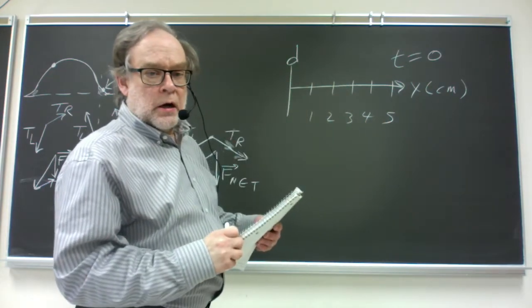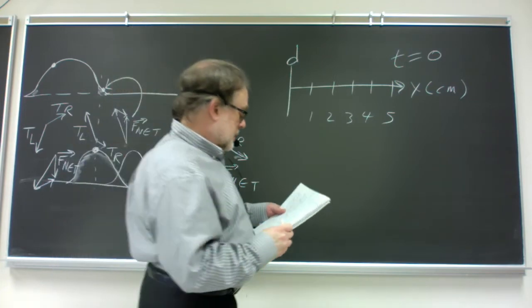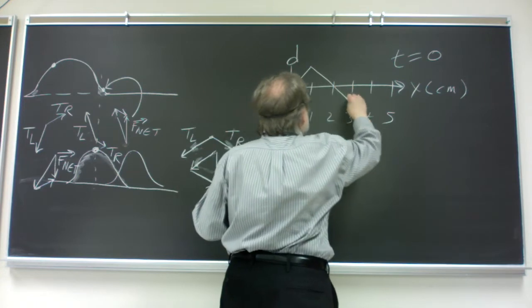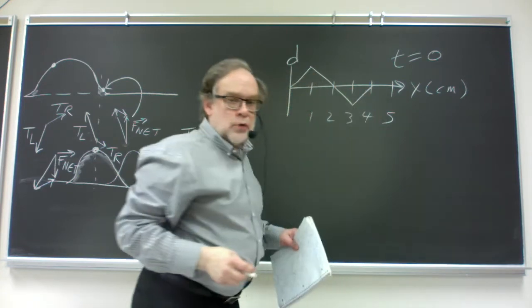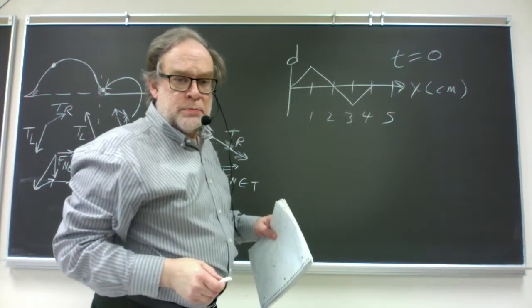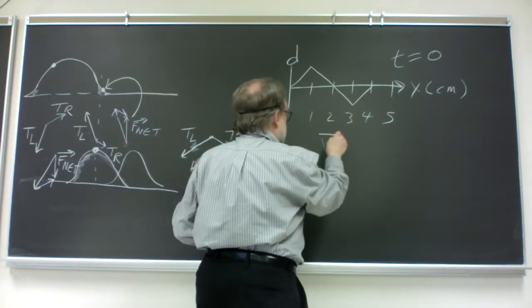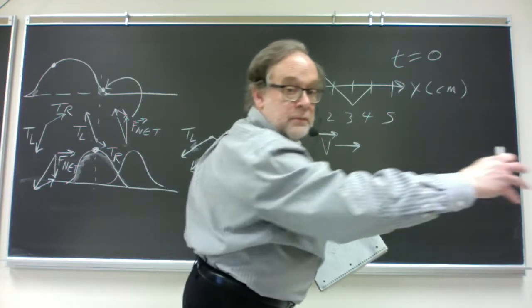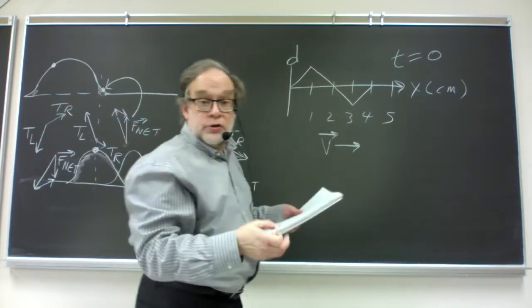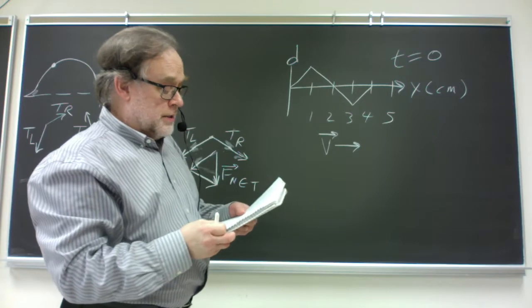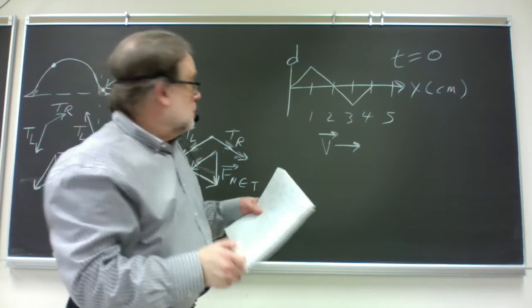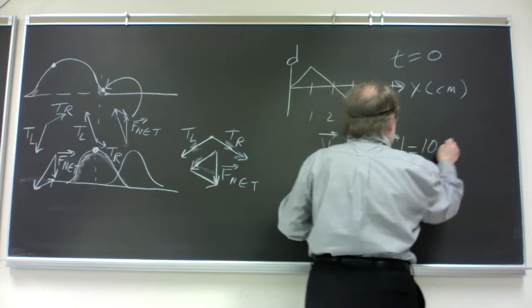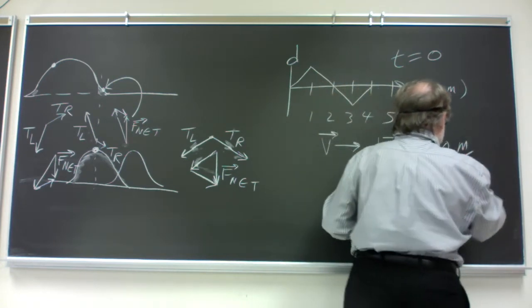And we'll say that our pulse looks like this. And we'll say that the velocity of the pulse points to the right. That is, that pulse shape is moving this way along the string. And we'll say that the speed of that pulse is 100 meters per second.